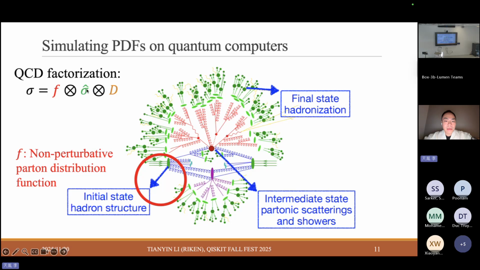The sigma hat here is the hard cross section, and it can be calculated by the perturbative QCD method. And D here is also a non-perturbative quantity, and it describes the hadronization of the final state partons.